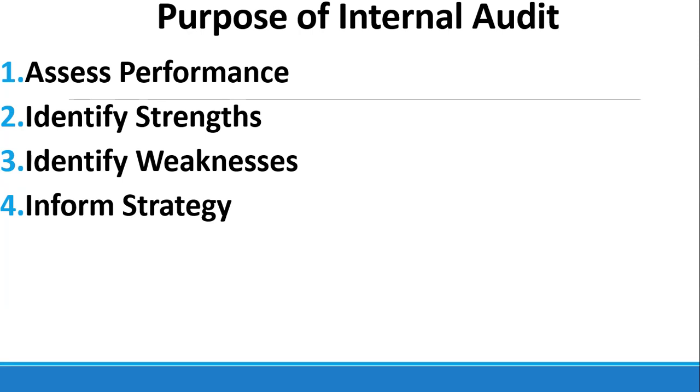So once we are able to appraise the contribution of each of these units towards organizational success, then we will be able to derive pointers as to which department is struggling, whilst also noting the departments that are excelling in their pursuits. And thereafter, we will be in a position to know the remedies to introduce. So that is all it has to do when we say we are assessing the performance through internal assessment.